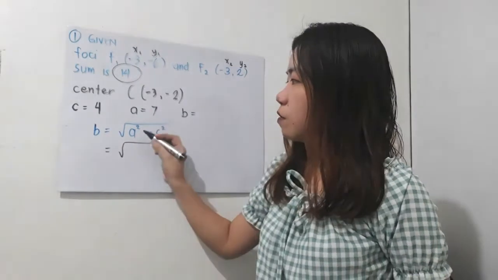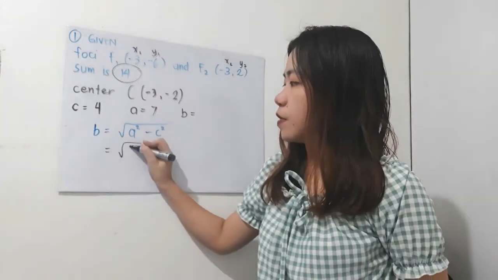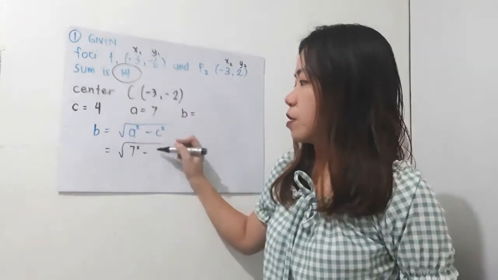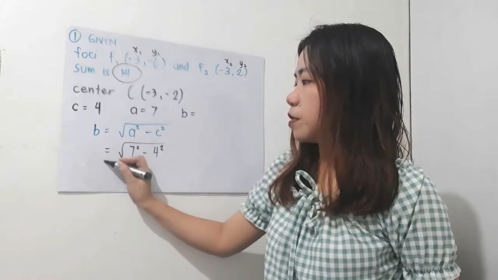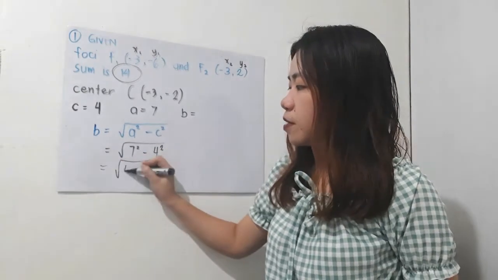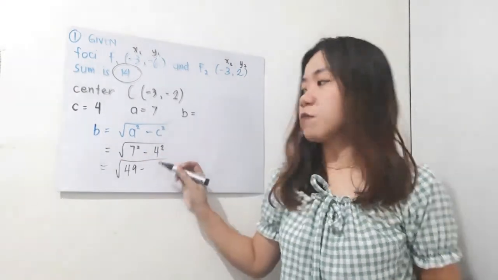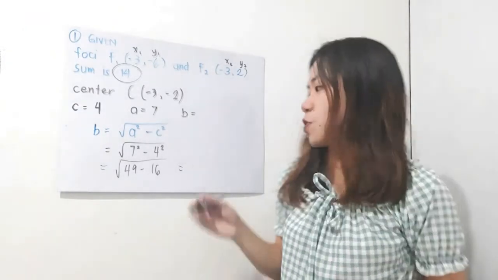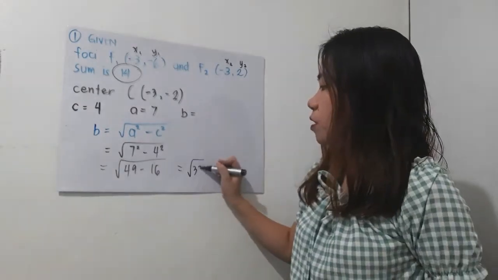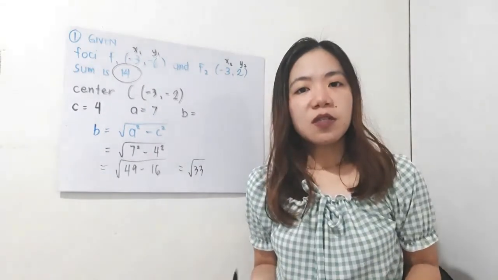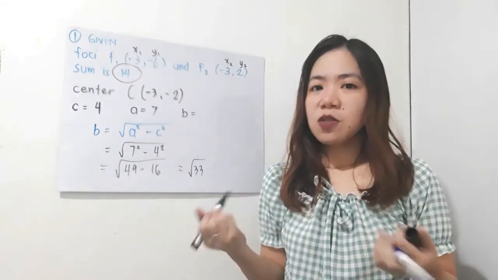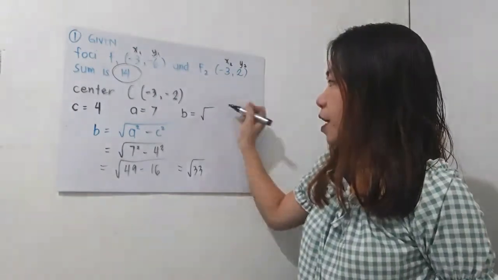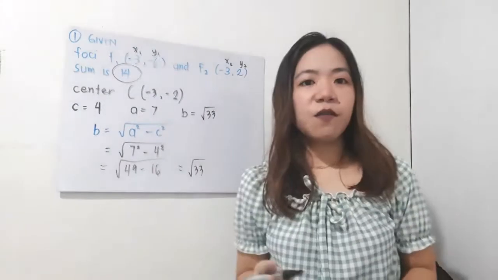The square root of a squared, a is 7, so we'll have 7 squared, minus c, which is 4 squared. 7 times 7 is 49, minus 4 times 4, that is 16. Then subtract. 49 minus 16 is 33, so the square root of 33. Since 33 is not a perfect square, no need to express it in decimal. So we'll have b is equal to the square root of 33.